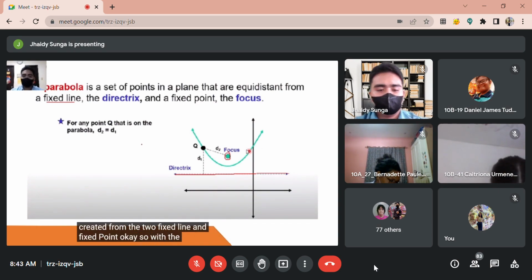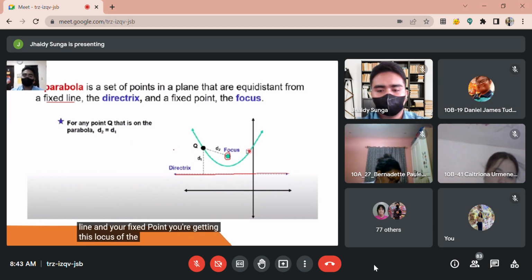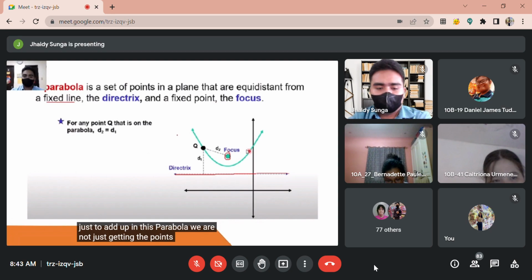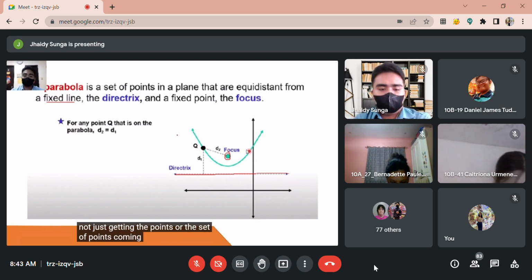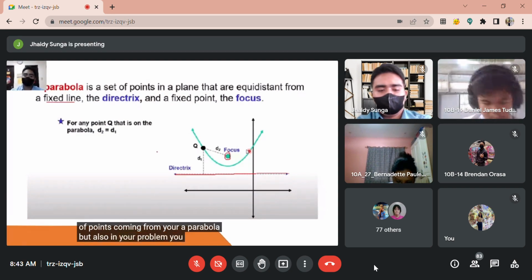So with the distances that you are getting from your fixed line and your fixed point, you get the locus of the parabola. And just to add, in this parabola we are not just getting the set of points, but also in your parabola, you have parts.